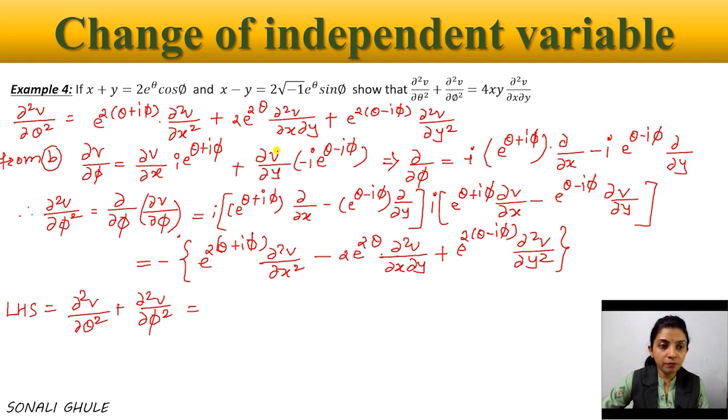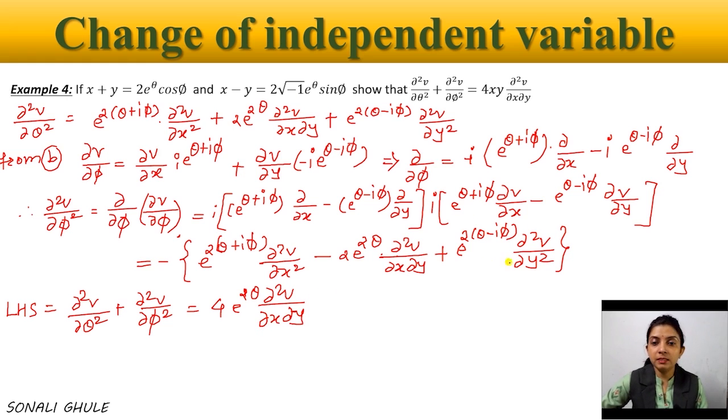So if you check here, dou 2v upon dou theta square, first term, this and this term, if we do addition, this is negative, so it is going to be cancelled, right? Then this term and this term both are same, but minus minus is going to be plus, so there will be the addition for this, 4 e to the power 2 theta dou 2v upon dou x dou y.